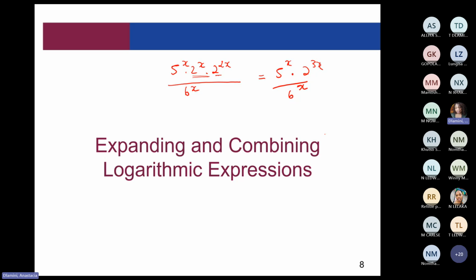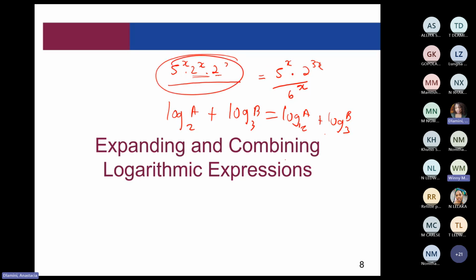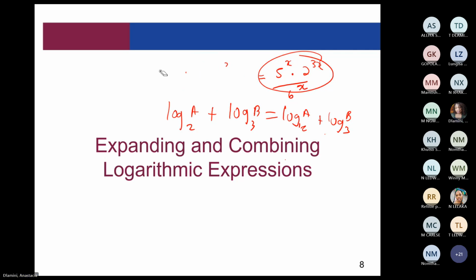So meaning that if they say log of a base 2 plus log of b base 3, it is equal to log of a base 2 plus log of b base 3. You can't use any property there. And this is also your chapter 1, remember, so it will be in the exam: the exponential laws.